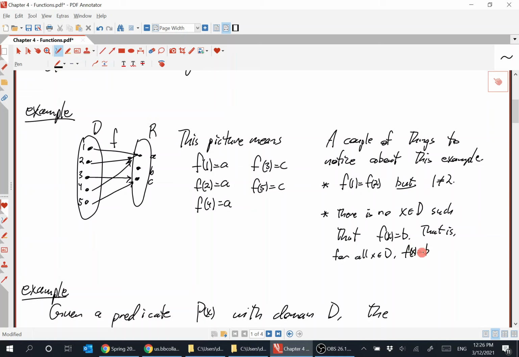Yeah, exactly. Different ways of stating a negation, making a negative statement with universal quantification. So there is no x satisfying this, means that all x don't satisfy this.